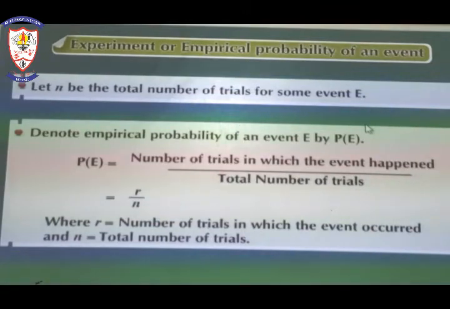Small r is the number of trials in which the event occurred and n is the total number of trials. So, probability of any event E is equal to r by n.